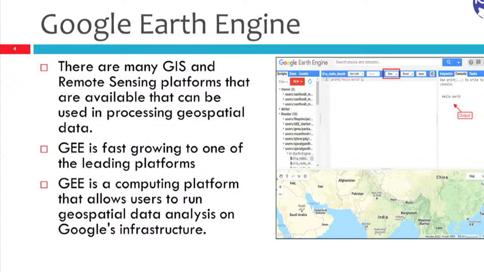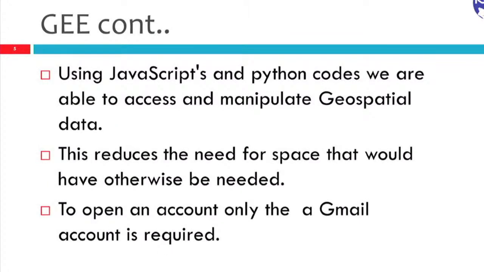The interface of the platform looks like the photo that you can see there. Then I've said that we use JavaScript and Python code to access the data and process it or do the analysis that you need to do.